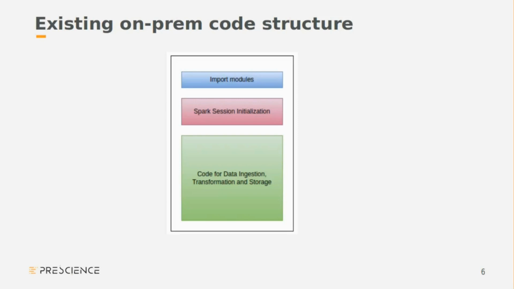And then you have the code for data ingestion, transformation, and storage. So the objective of this migration would be to make minimal changes to this code base and run it on Databricks while taking maximum advantage of Databricks.